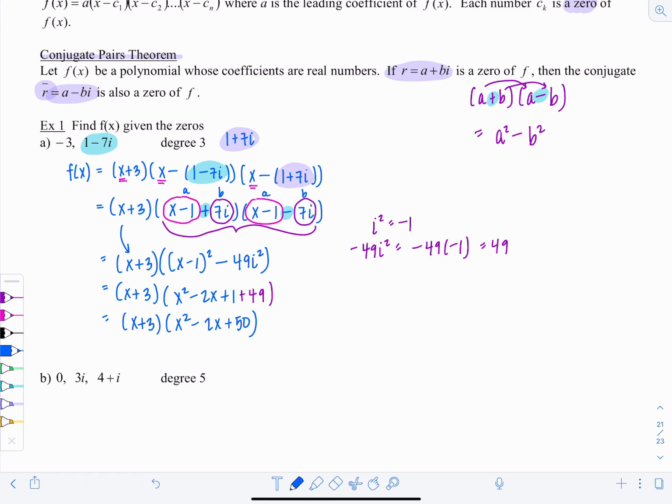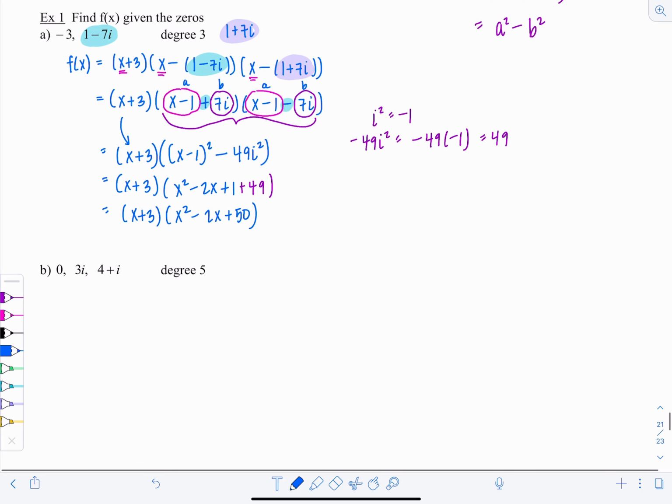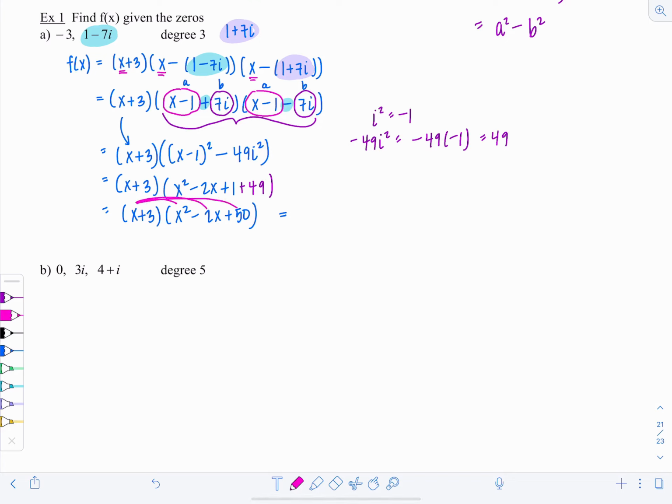We're almost there. We just got to FOIL this thing out. So let's see. X cubed minus 2x squared plus 50x. And then I'm going to distribute here and stack everything underneath. I think I've shown this before.